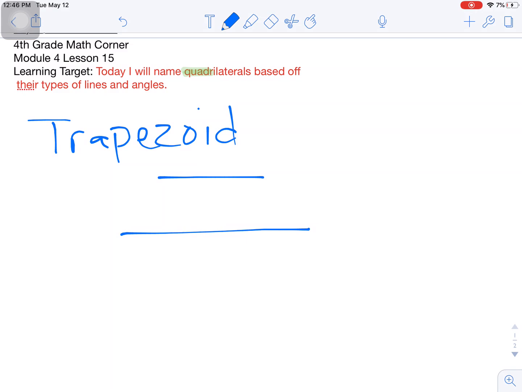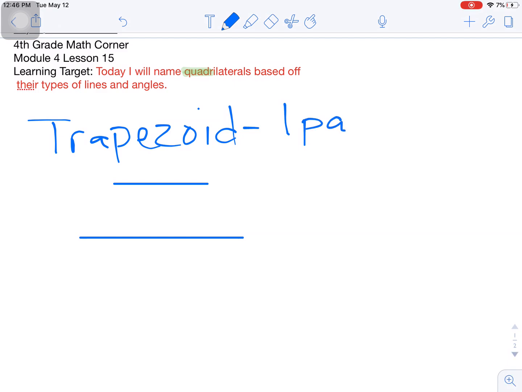So if you look at this, hold on, let me make them more straight. If you look at these lines, these are parallel lines. They are used to make a trapezoid. So a trapezoid has one pair or set of parallel lines. So remember, this is our symbol for parallel.